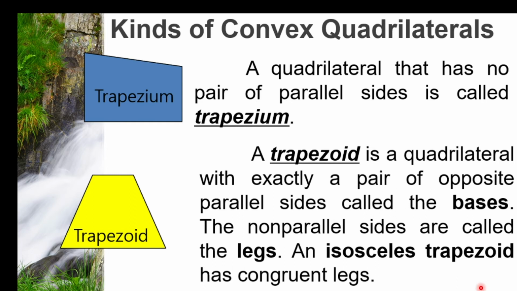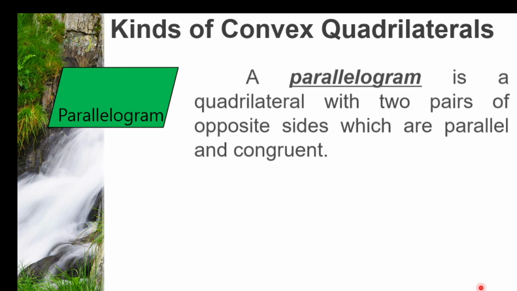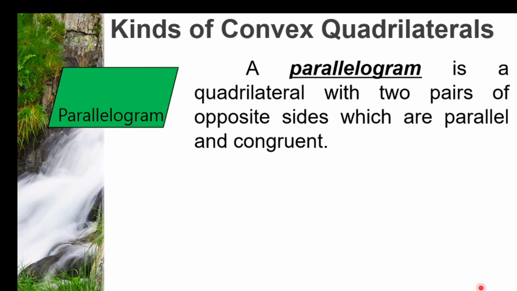The non-parallel sides are called the legs. An isosceles trapezoid has congruent legs. Next is a parallelogram. A parallelogram is a quadrilateral with 2 pairs of opposite sides which are parallel and congruent.